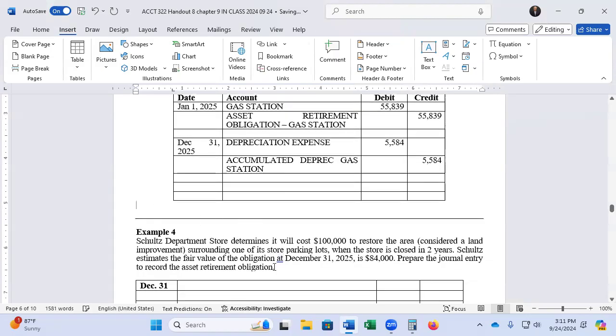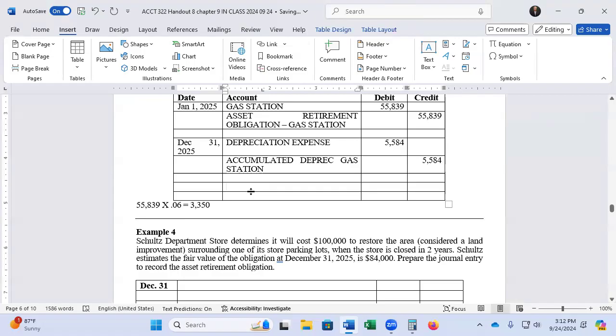And so now we have to make the calculation on the remaining using the effective interest method. So 55,839 times 0.06, which is our interest, our liability using a discount rate of 6%. And so that equals 3,350.